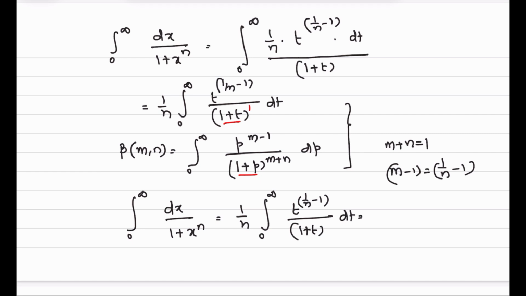The 1 by n will be as it is, and this whole value will become, because ultimately m plus n should be 1, beta, in m value we will be writing 1 by n, and in n value we will be writing 1 minus 1 by n.